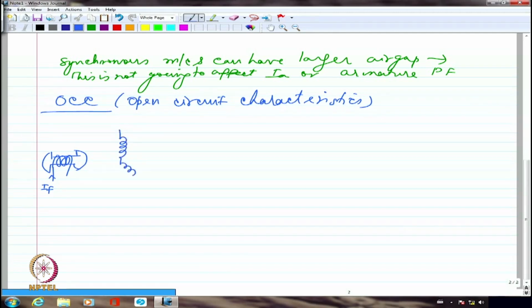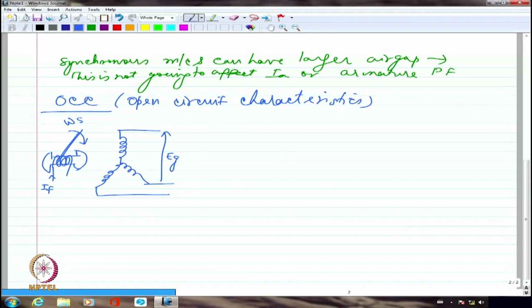And normally the armature of a synchronous machine is specified like this. It is a three-phase stator, similar to the induction motor stator. So what I am going to do is to measure the voltage generated here, maybe line-to-line voltage, at synchronous speed, when the rotor is driven at synchronous speed, and I am injecting a current IF, which is a variable current.